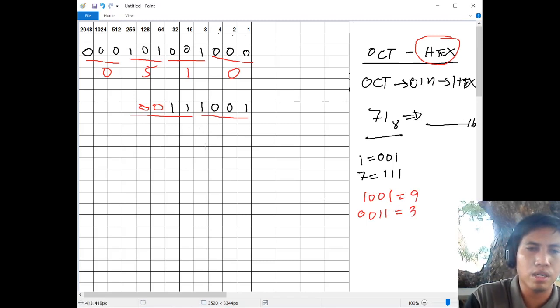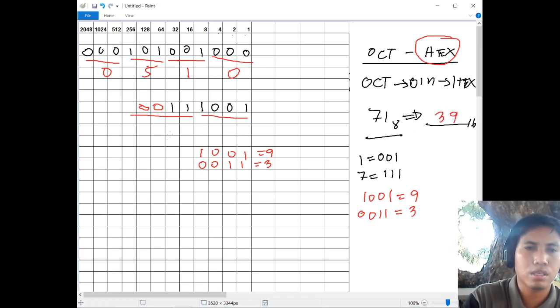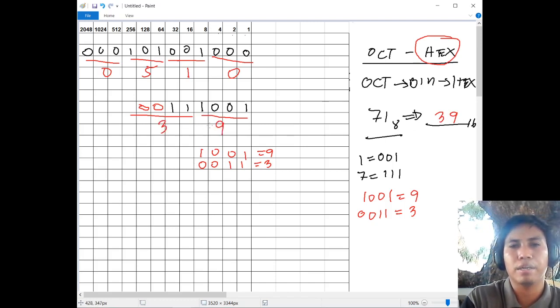How did we get that one? 1, 0, 0, 1: 8 plus 1 is 9. Then 0, 0, 1, 1: 2 plus 1 is 3. So the hexadecimal value would be 39, because this is 3 and this is 9.